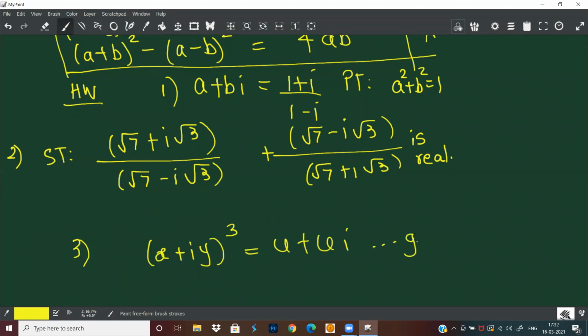This is given. Prove that x upon u plus y upon v is 4 times x square minus y square. Just try this also.